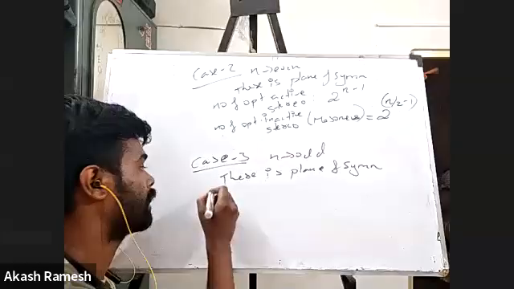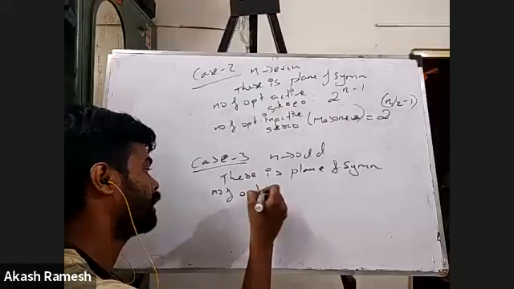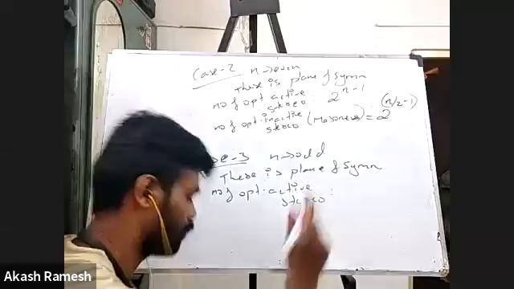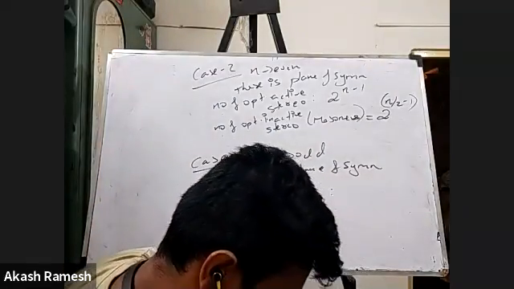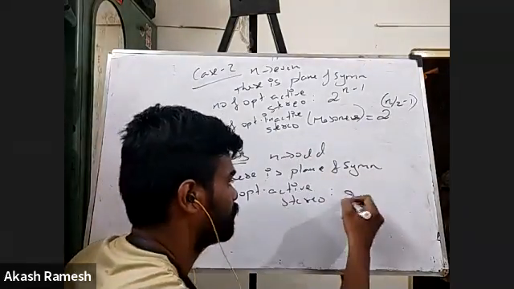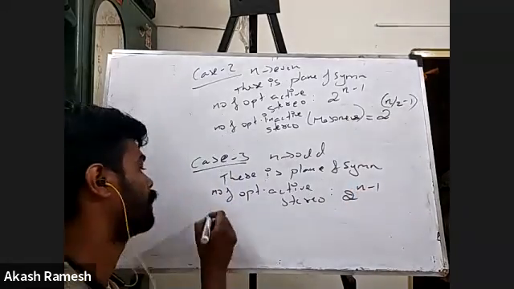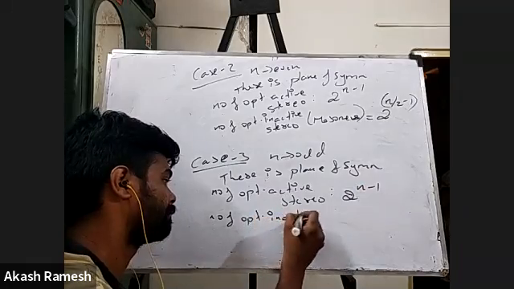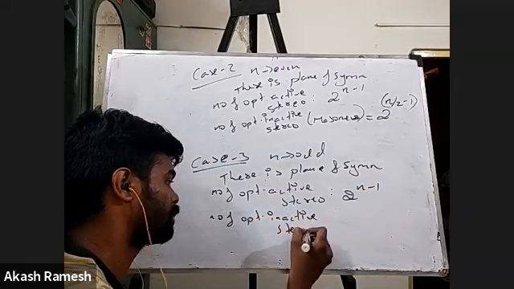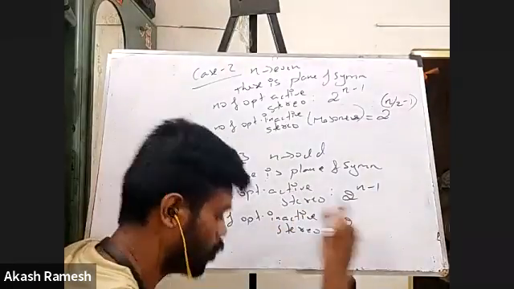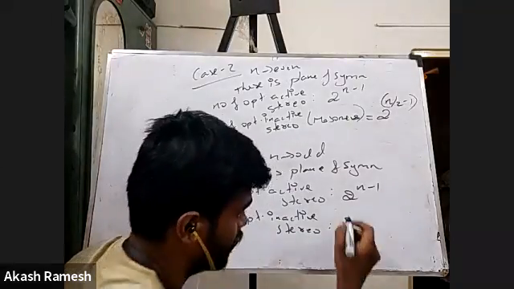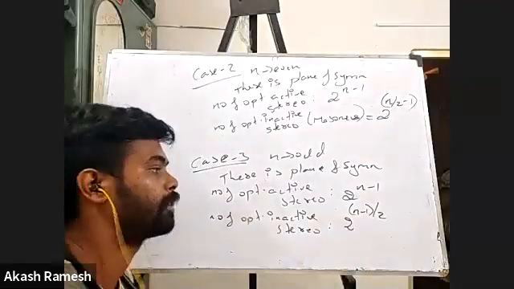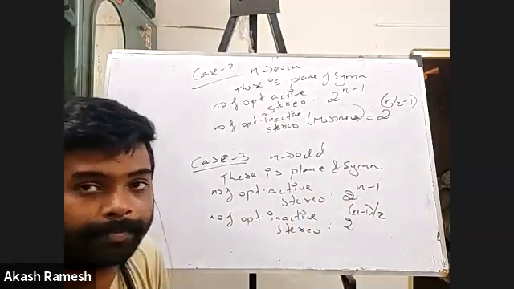In that case, the number of optically active stereoisomers would be 2 power n minus 1, that is the same, but the number of optically inactive stereoisomers would be 2 power n minus 1 by 2. Again, the total number would be this plus that.